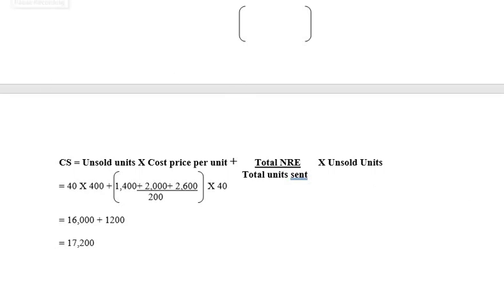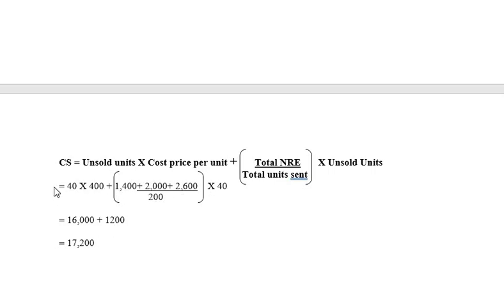Okay, so let's simplify it. 40 into 400 is nothing but 16,000 plus, open the bracket, 1400 plus 2000 plus 2600 divided by 200 will give you 30, multiply by 40 will give you 1200.